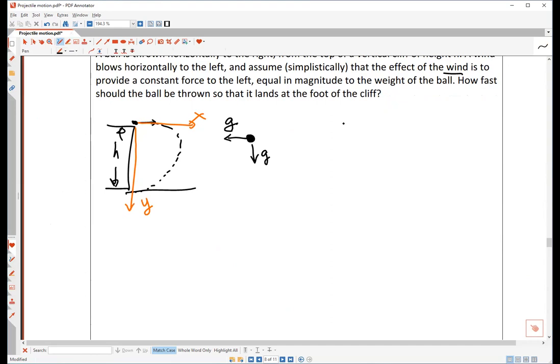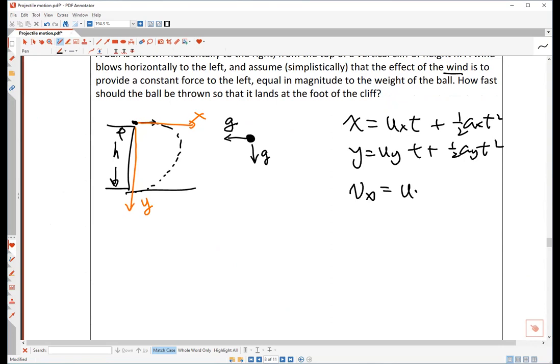We start from x equal to ux times t plus half ax t squared, y equal to uy times t plus half ay t squared, Vx equal to ux plus ax times t, and Vy equal to uy plus ay times t.